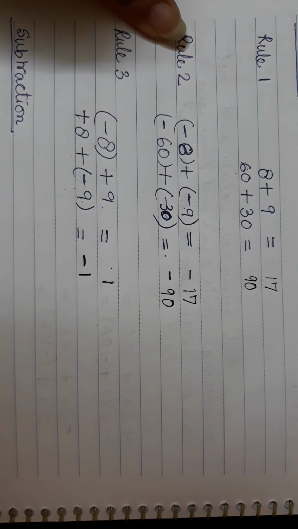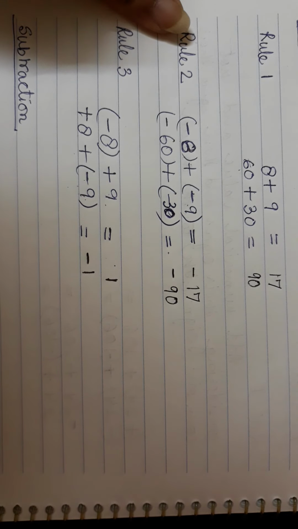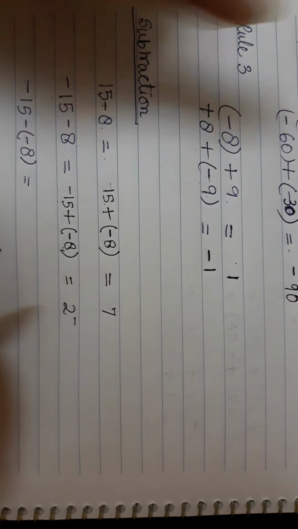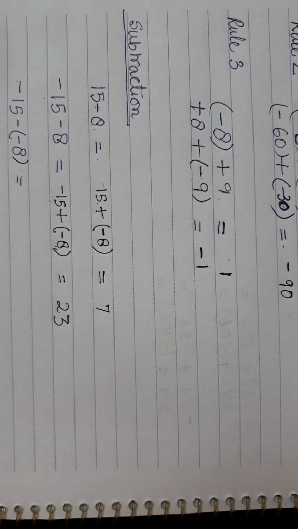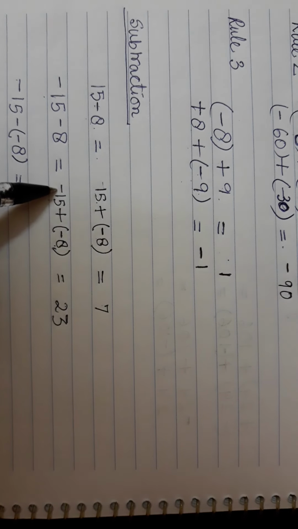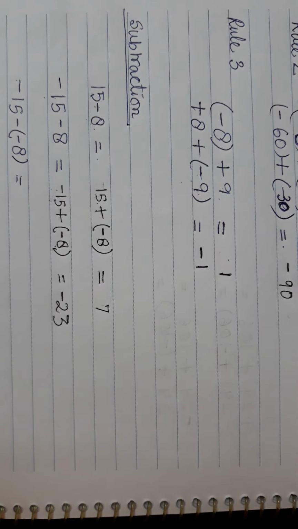So when we add the given two numbers, what do we get? 15 plus 8, 23. Now because both are negative, we put the minus sign over here.